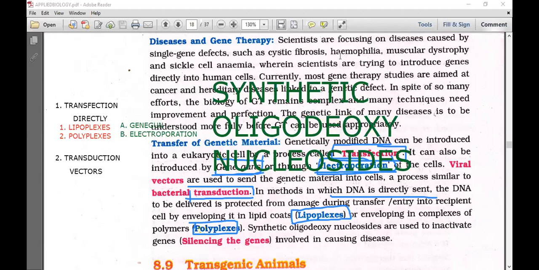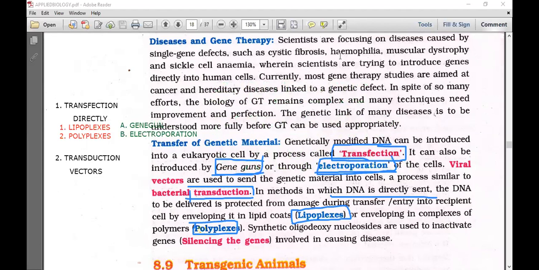The gene is not working, okay, but this gene is working negatively. That's going to be a problem. So remember this, it is also very important in NEET. The silencing or inactivating of defective genes is possible by synthetic oligodeoxynucleosides.